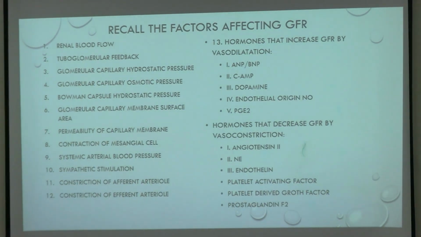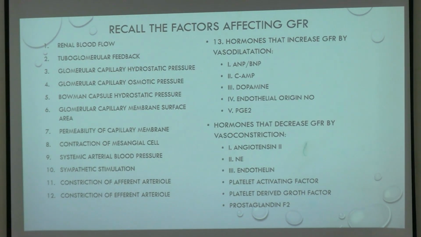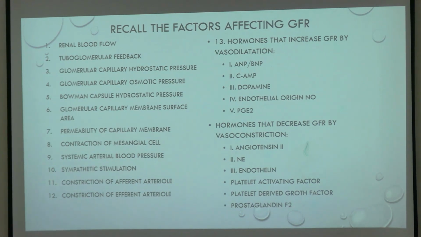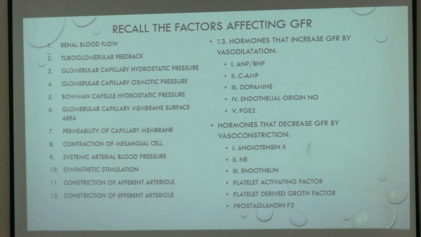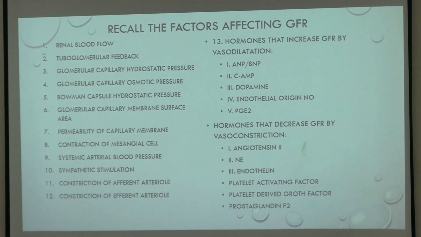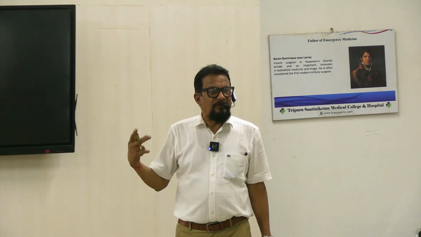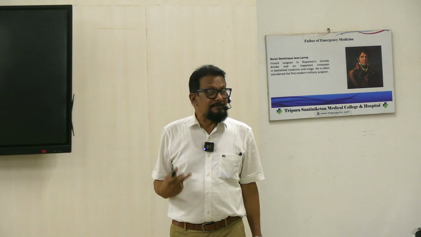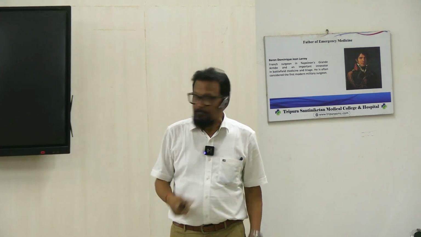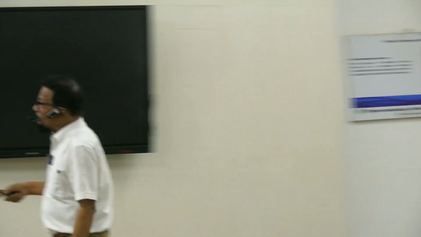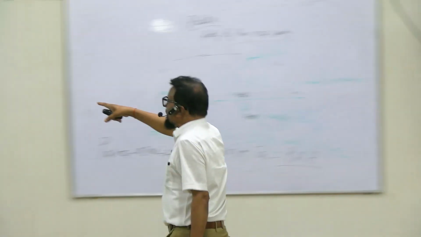Another important question, though not relevant for today, is what is GFR? What are its normal values? What are the various factors? We have already discussed these in our earlier classes. These are the various important factors that affect GFR. There are various hormones.